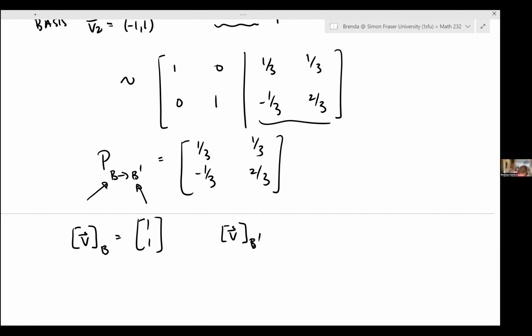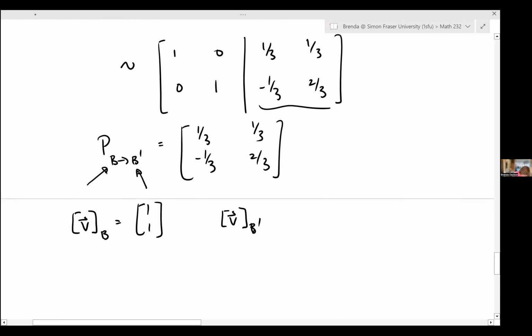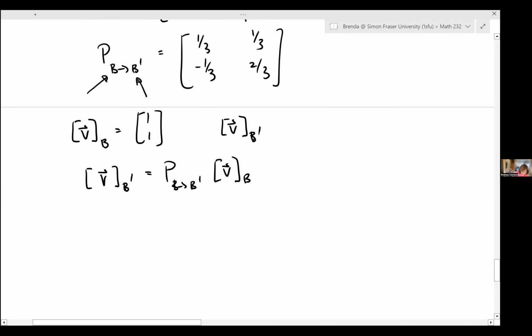I'll write it out as a formula first, and then I'll do the numbers. What we're trying to do is find the coordinates relative to the new basis, and it is the matrix P, B to B prime, multiplied by that vector there. We take the change of basis matrix that we've found. It's that guy right there.